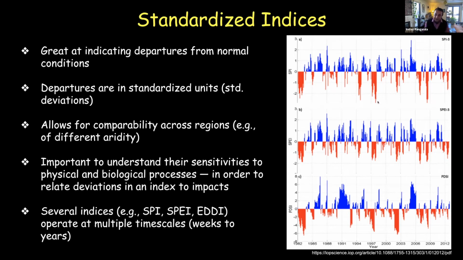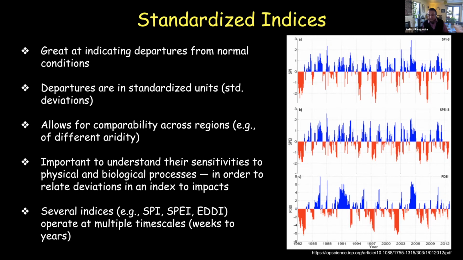If you look at the red, it helps you indicate whether we are in a drought or in a pluvial situation, and how extreme the drought is. So they are very easy to interpret, and that's why they are widely used and widely looked at.